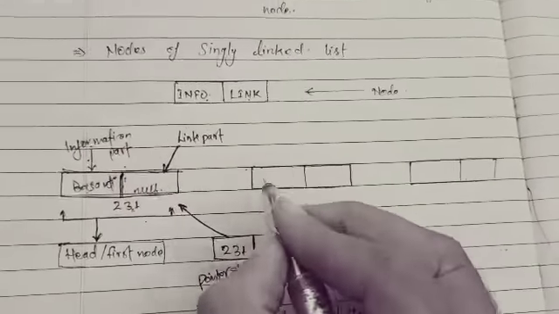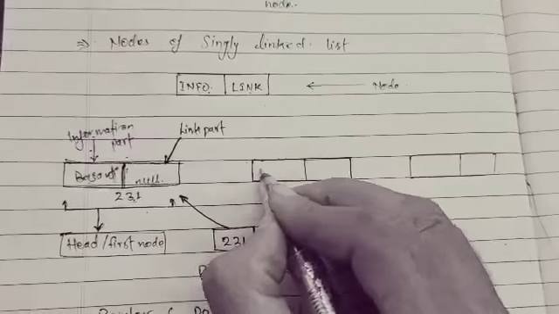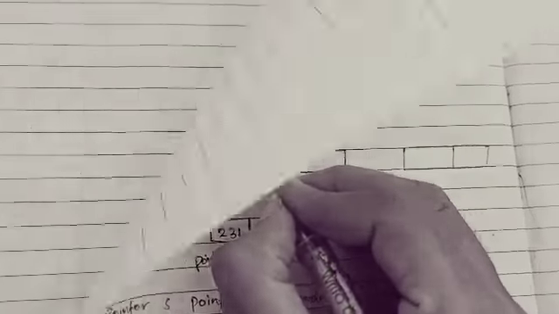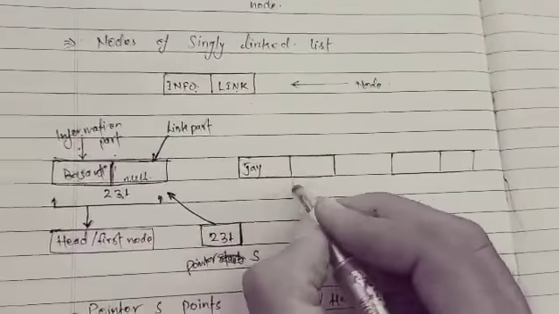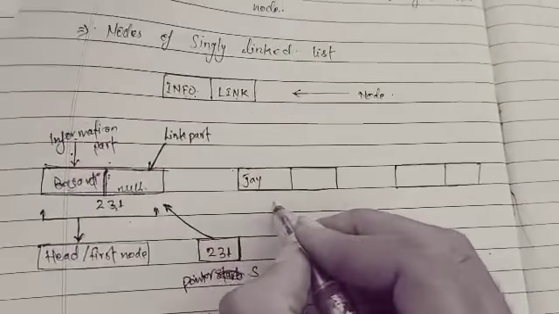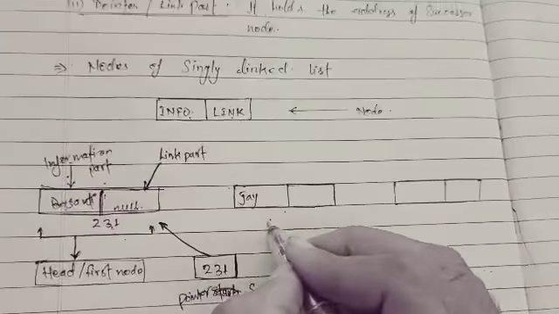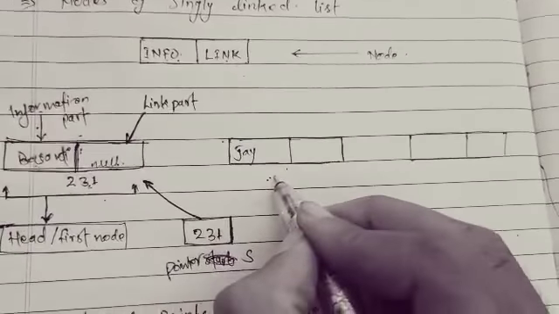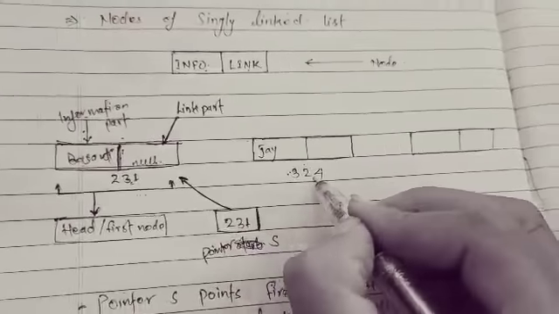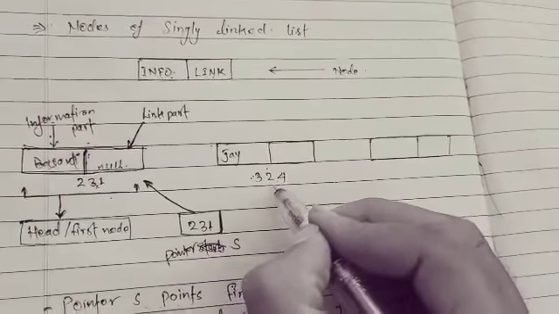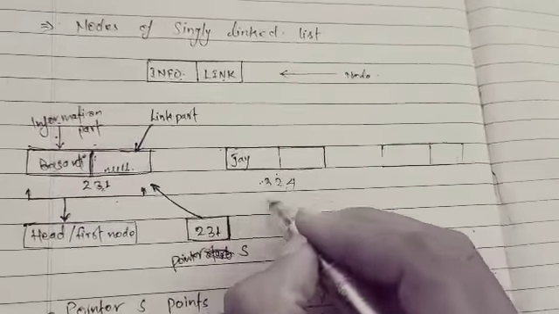Let's assume its string value is Jack, and its address we put here as 324.